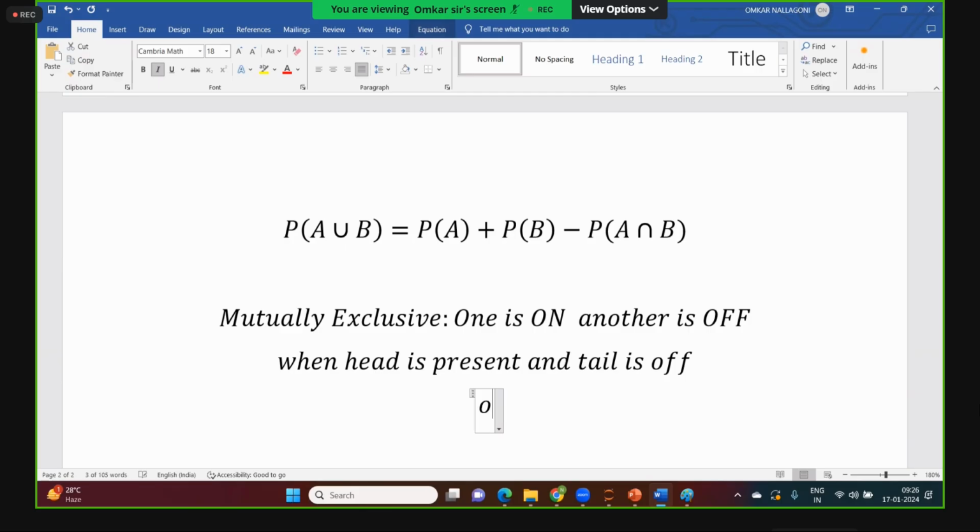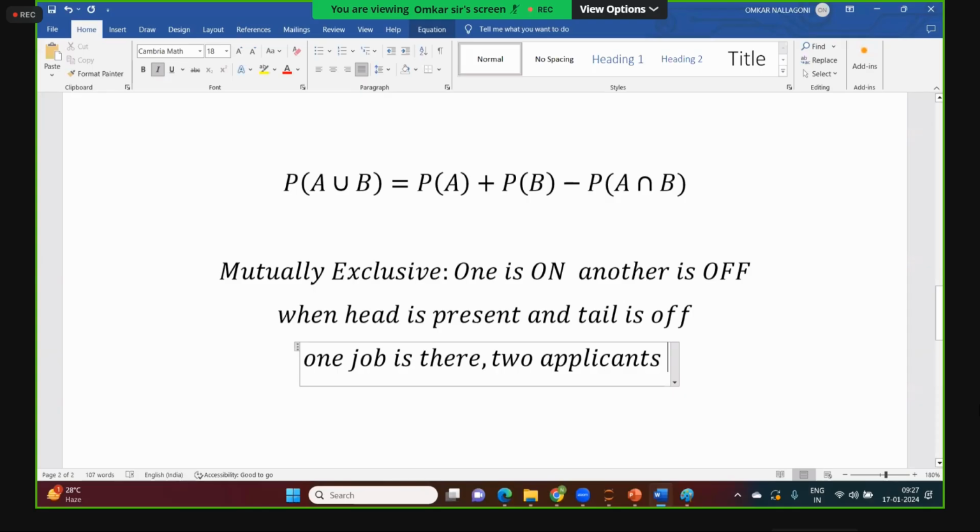Suppose only one job is there and two applicants. Those applicants are mutually exclusive. If you are getting the job, I am not getting it. If I am getting the job, you are not getting it. So we both are mutually exclusive.